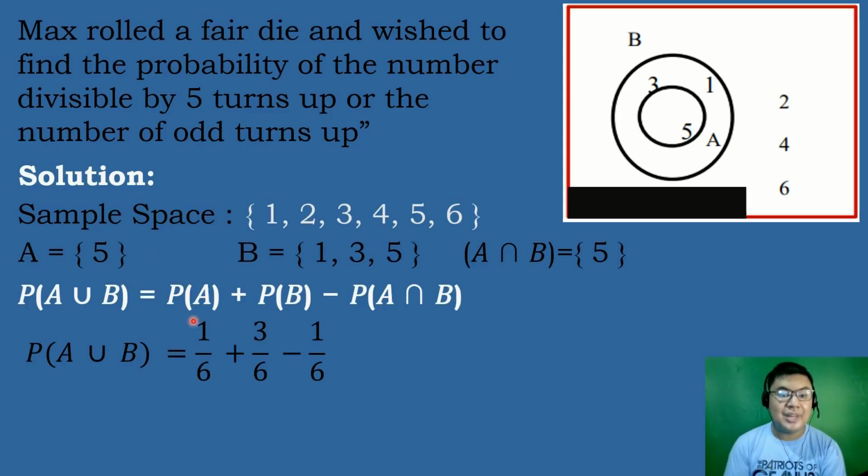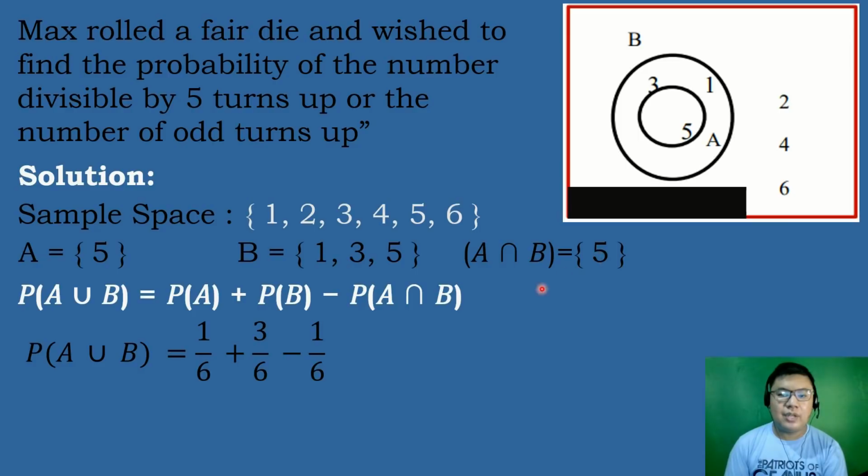So we have one number, so this is 1. Plus the probability of event B. We have the sample space, which is equal to 6 again. And the event outcomes for event B are equal to 3, the numbers 1, 3, 5. There are 3 numbers. Minus the probability of A intersection B.